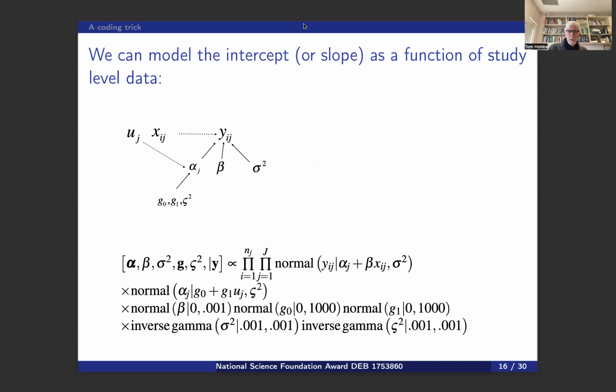That allows us to model the intercepts as a function of those study level covariates. So we can model the intercept, or the slope for that matter, as a function of study level data, as shown in this directed acyclic graph and the corresponding posterior distribution and its relationship to the fully factored joint distribution.